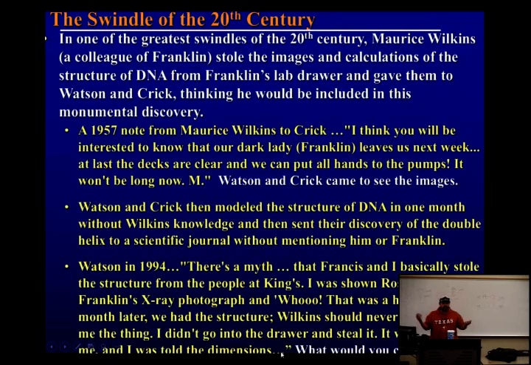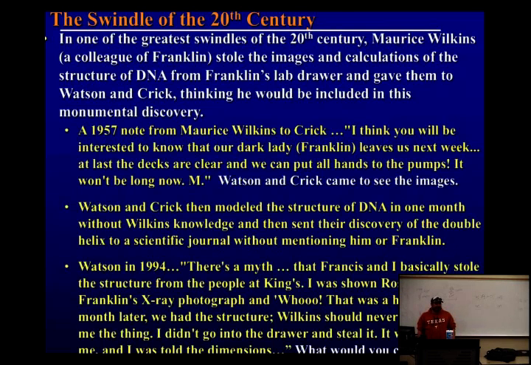What would you call that if you went into somebody's house and took their research paper and wrote it as your own and turned it in to a professor? Stealing. So what would you call it if two scientists went to another scientist's lab and took their data and used it and published it without giving them credit for it?